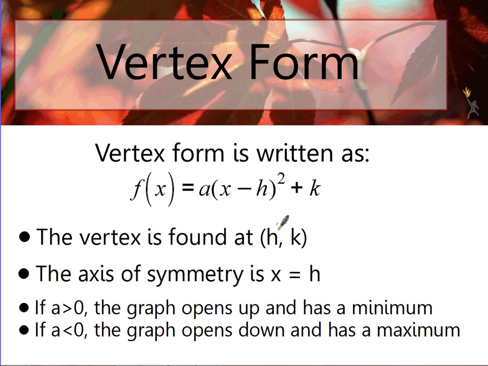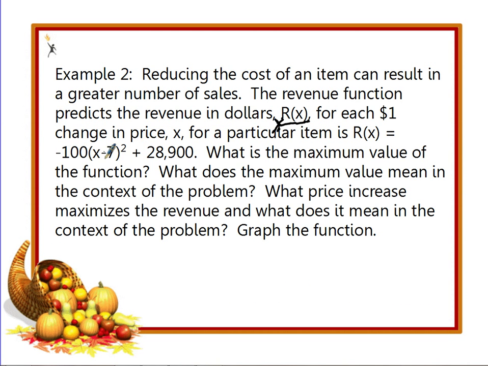Remember, our vertex can be found at H, K. Be careful of the subtraction sign in our form. When I look at my equation, I still have a subtraction sign here in my form, which means H is 7 and K over here will be 28,900.